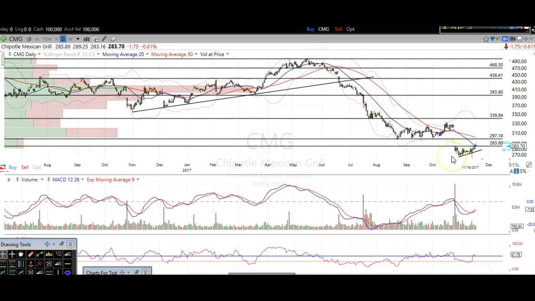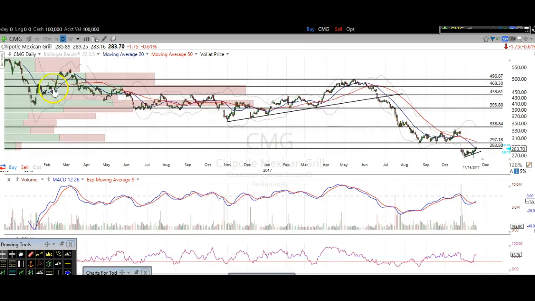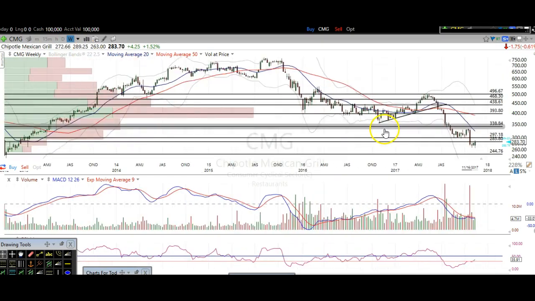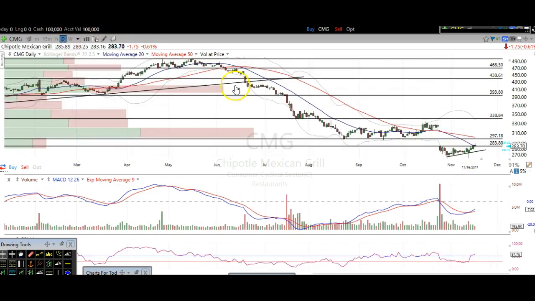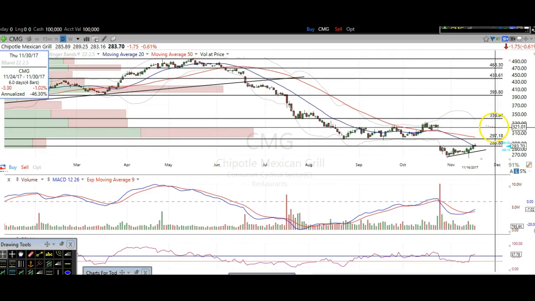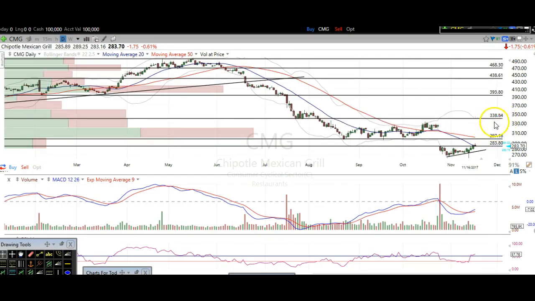So that's not the healthiest action, and even going back, we'll look at the weekly chart here, since middle of 2015, we've been heading lower and lower. Each bounce attempt has gotten sold off, all right? So even though I think that we're going to get some higher prices here in the short term, just keep in mind that if we get up to maybe 321 to 340, those levels are very shortable levels here on Chipotle.